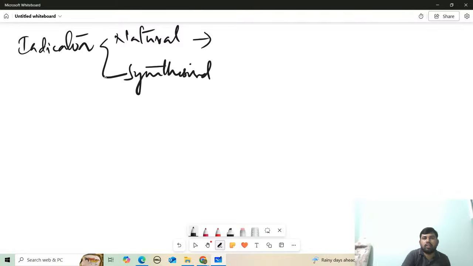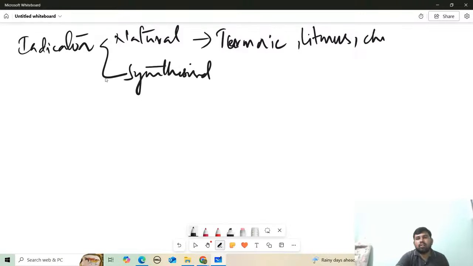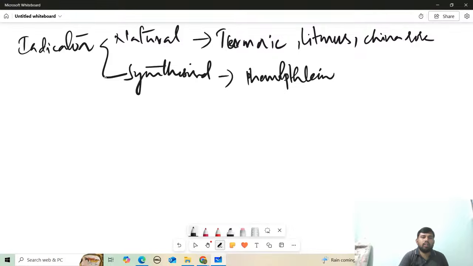We discussed turmeric, then litmus, and then the China rose indicator. Here we also discussed the phenolphthalein indicator, and the second one is methyl orange indicator.